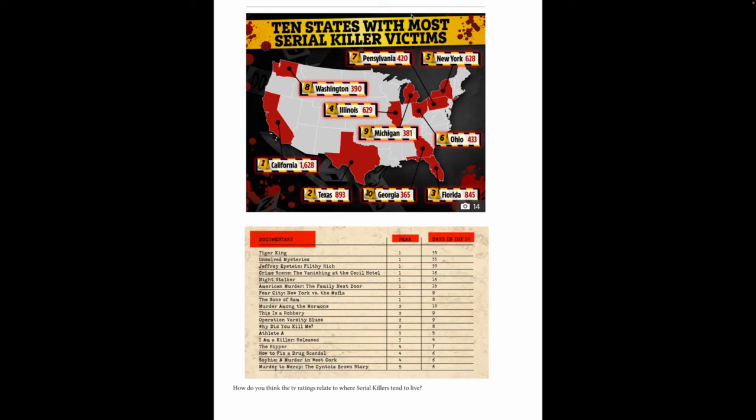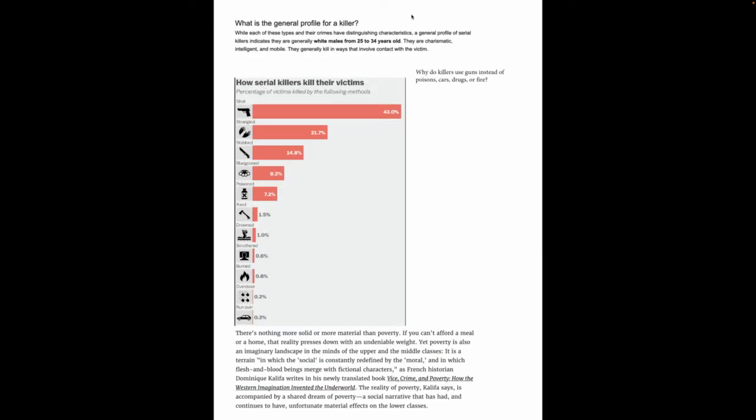Does media relate to reality, or is it the other way around, or is there something else going on? And then finally, I like to think about two things. One is, why do killers use guns instead of poisons, cars, drugs, and fire, and try to see how much more they use it. And then think about another myth that comes out in popular culture, that criminal activity is mostly among the poor, especially violent criminal activity.